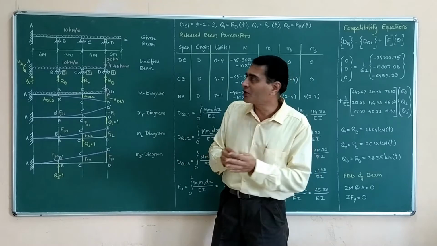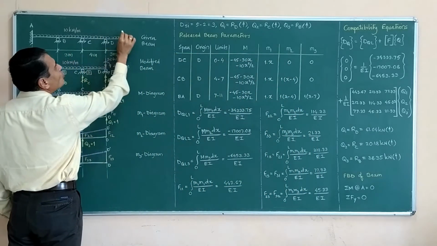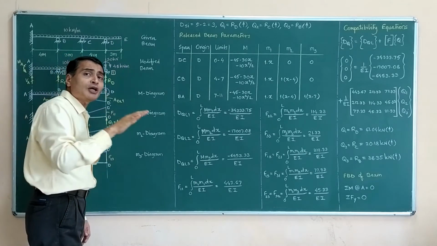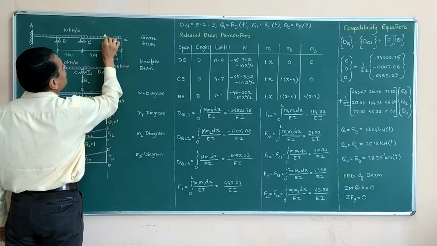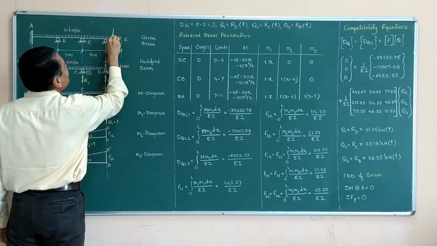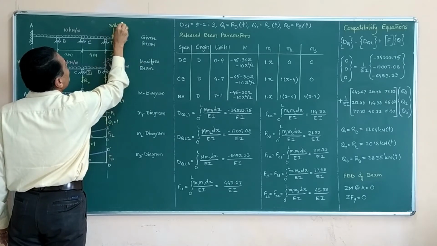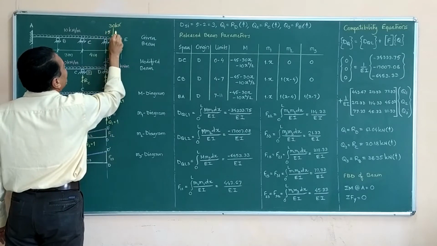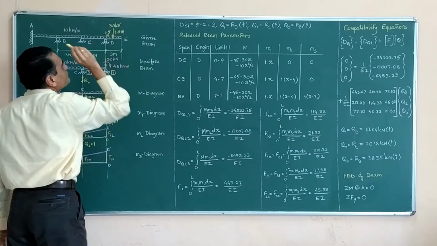What I am trying to convey, I am showing here, mind you, we only have a UDL here, no additional force. This UDL I am converting into an equivalent load. So for this UDL portion acting over overhanging portion, I am representing resultant force of 30 kilonewtons acting at 1.5 meters and 1.5 meters from both the ends.